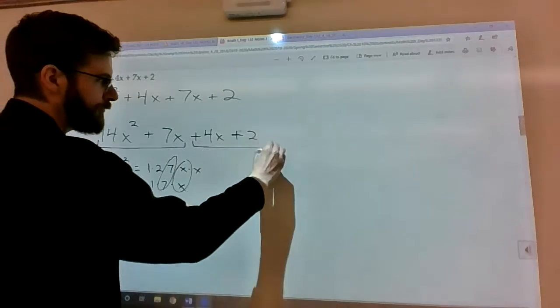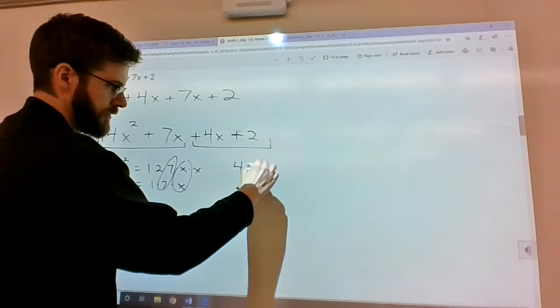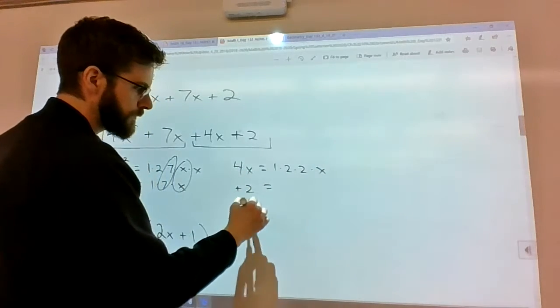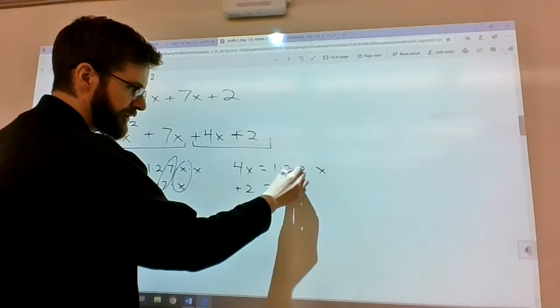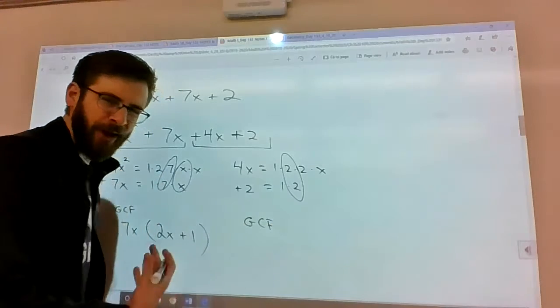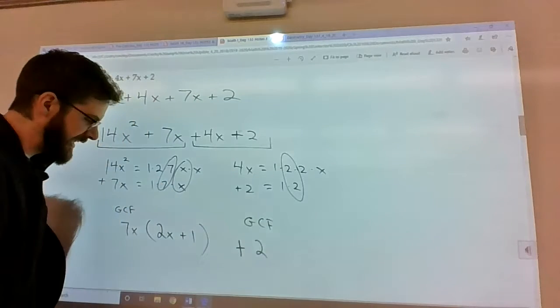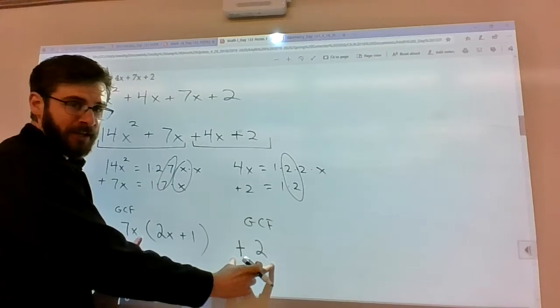Now if you check out 4x plus 2, this is just 2 times 2. This is just 1 times 2. They share a 2. That goes in the GCF spot. And notice, right away I'm putting a plus here to have a clear, definable GCFs create 7x plus 2.